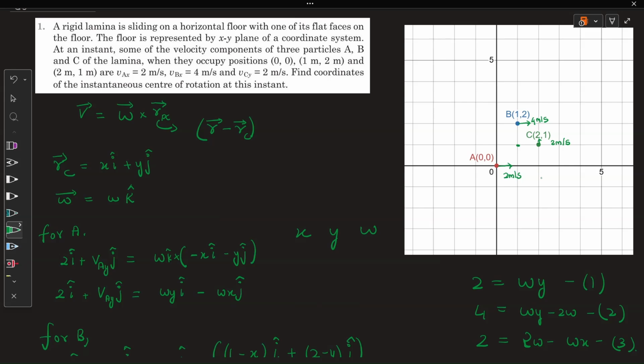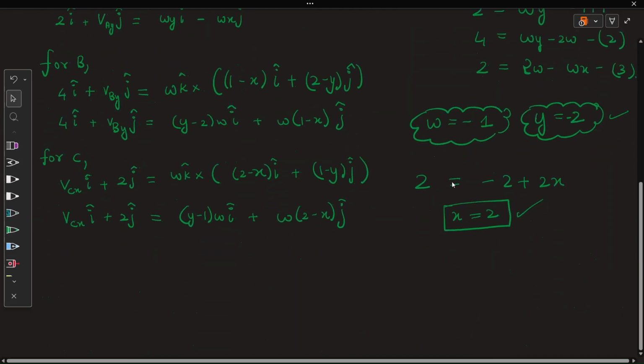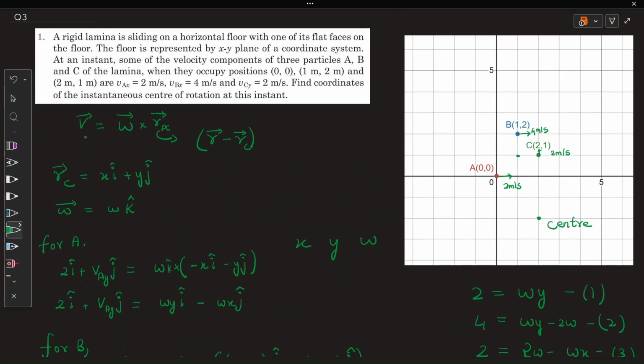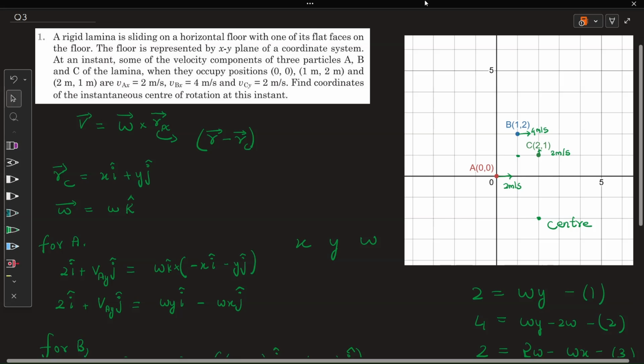This is the coordinate of the instantaneous center of rotation, which can be termed as the center. So the simple procedure is V vector is nothing but omega cross R. There are many shortcuts to remember these formulas too. If you want them, just comment.